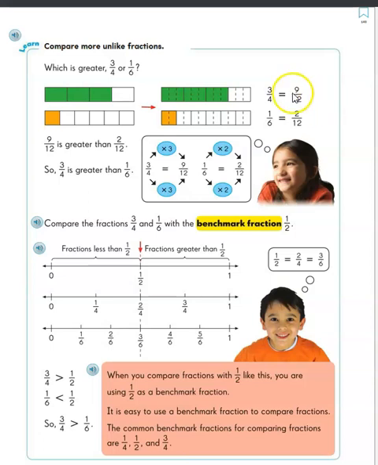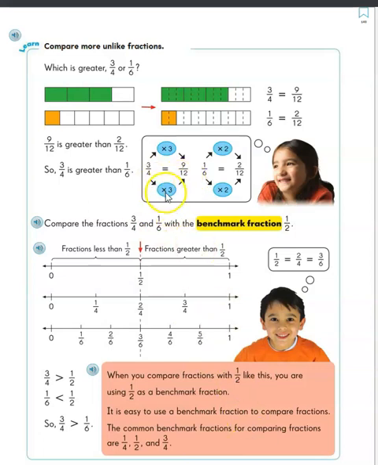Okay, so let's first take a look at our 3/4. So our denominator here is 4, and we need to get it to 12. So we know, because we just did this, right guys? 4, 8, 12. We know that 4 times 3 is 12.